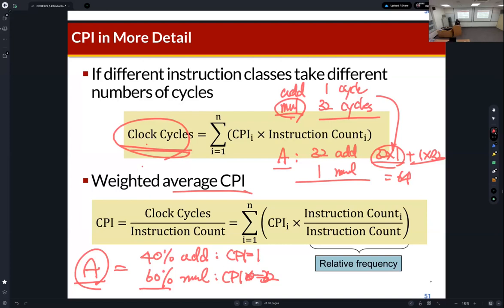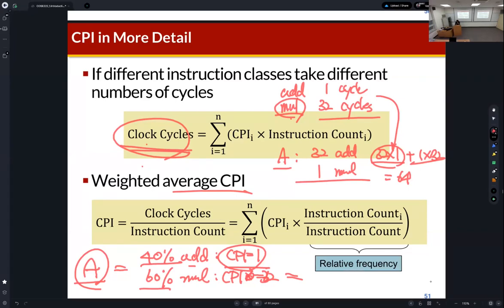Obviously, we multiply the CPI of a certain instruction with the ratio, the weight of the instruction. The weight of add is 40%, so 0.4.